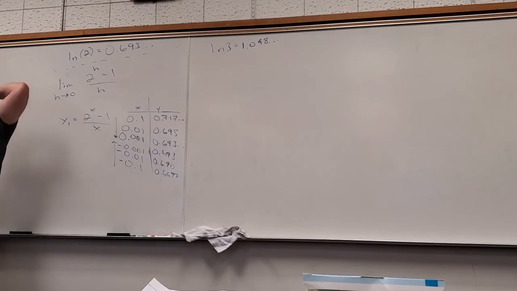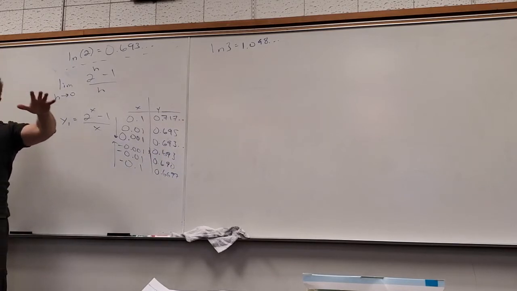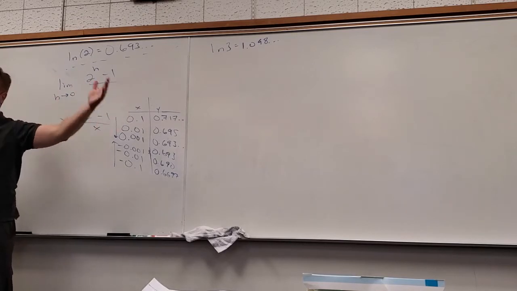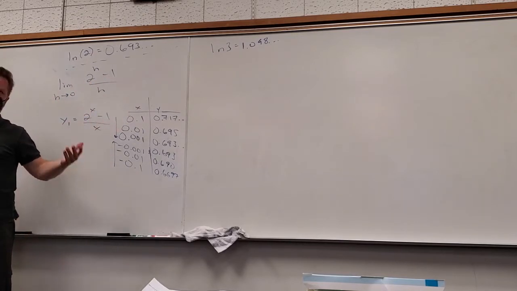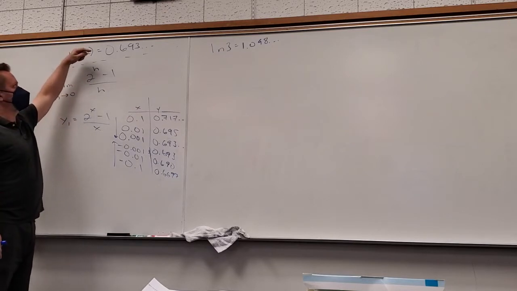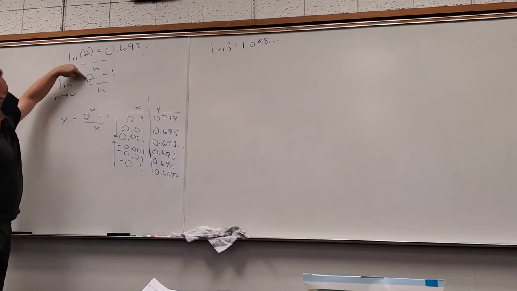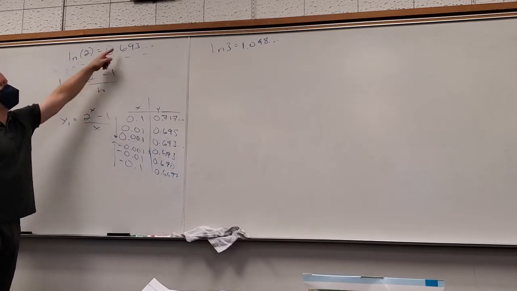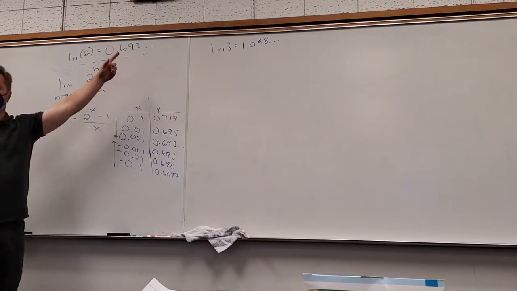Okay. Right now this is disconnected from anything. We're just playing around, kind of reviewing chapter 2 stuff, right? But the neat thing we just realized is, do you see how there's a 2 here? And this came out to be the natural log of 2, basically, right?